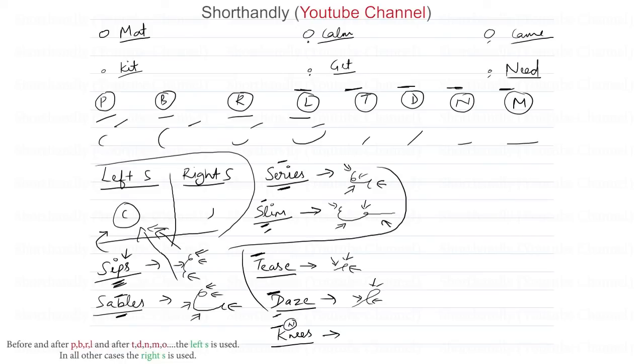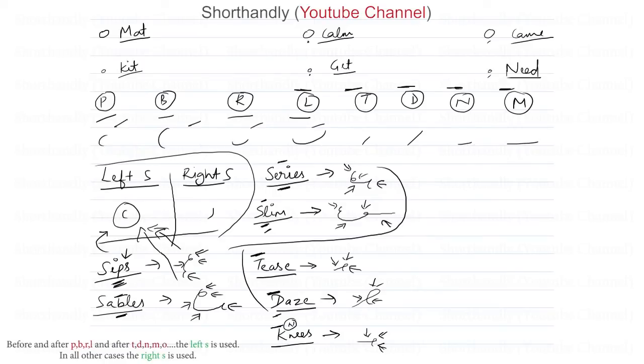So here also we're gonna be making the left S. So the knees word will be made like this. Alright, so this is N, then we have this E vowel which is similar to the need, a small circle, then we have this final left S. So this is how to make the knees word, and here also we used the left S.